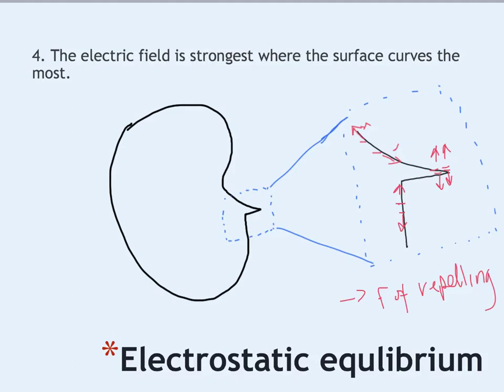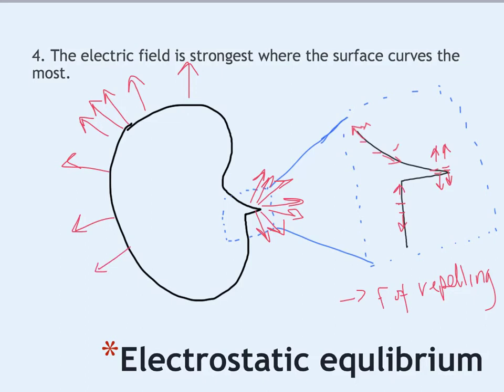What that means is if we take this now and go here where I haven't blown it up and start to draw my electric field lines, I'm going to get a lot more electric field lines on the point of this than in other areas, because remember, it's stronger where you have more electric field lines. Here we've got a kind of flat area, so we're only going to have a few lines. Right here it curves a little bit more, so we're going to have a couple more, and then they're going to space out again.